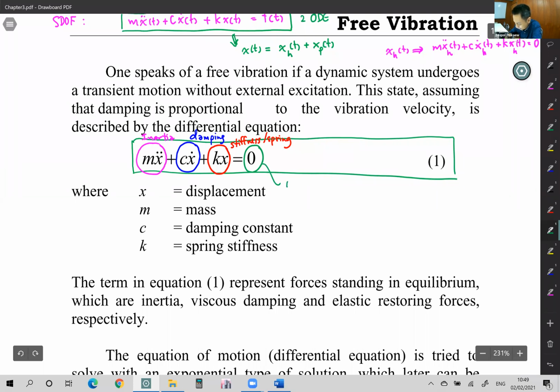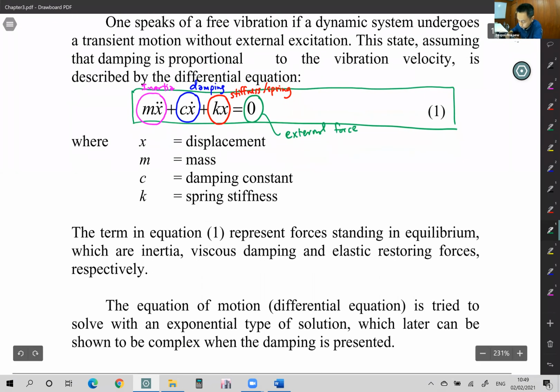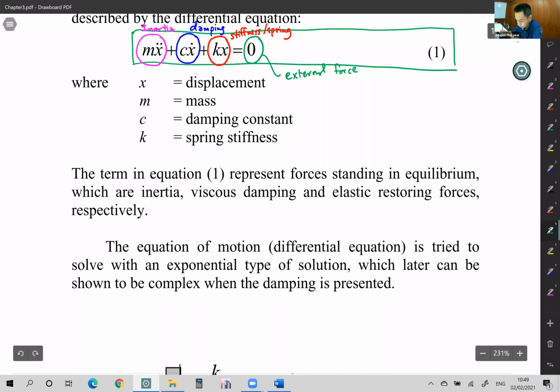This one is the external force or external excitation, but today we will assume this force equals 0, and we will find a solution. This is a discussion of the free vibration equation number one.